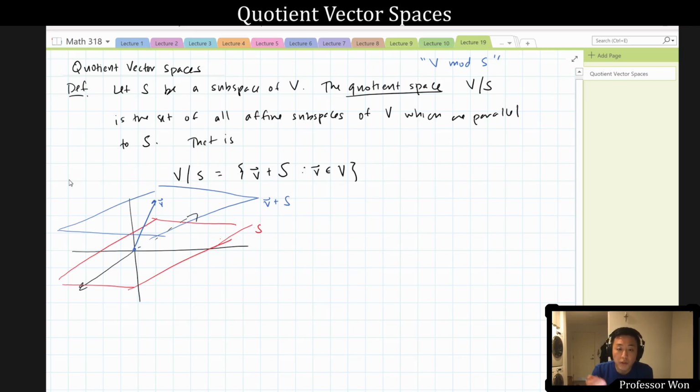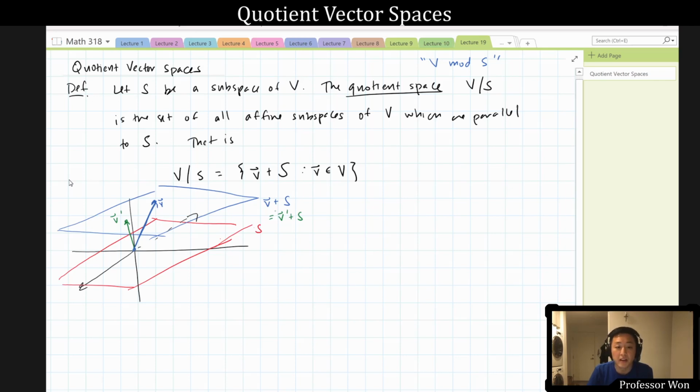Of course, there's more than one way to write V plus S, right? Because this blue plane is both this vector plus every vector in S, but it's also this vector, V prime, plus every vector in S. So this is the same thing as V prime plus S.